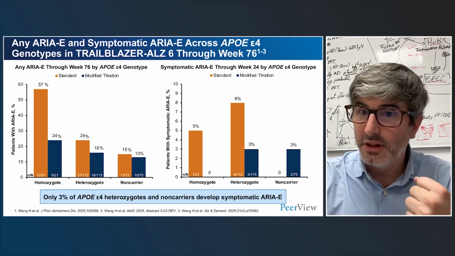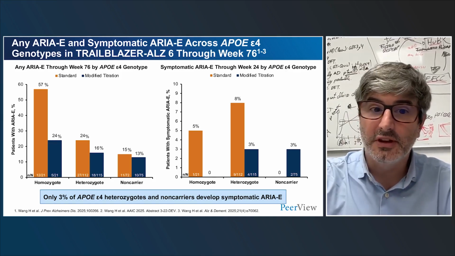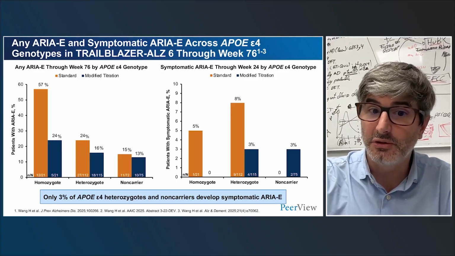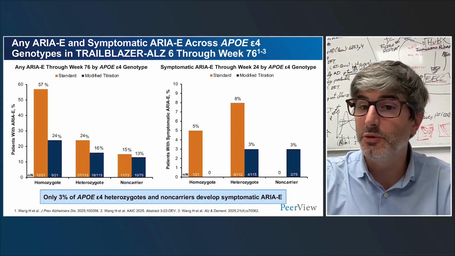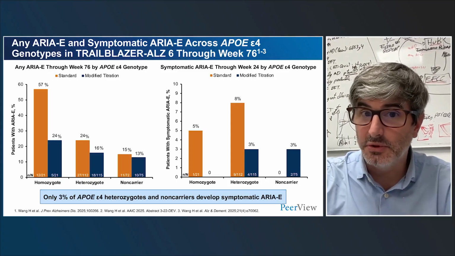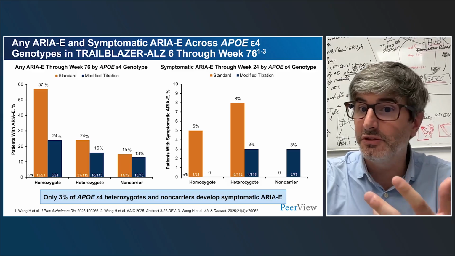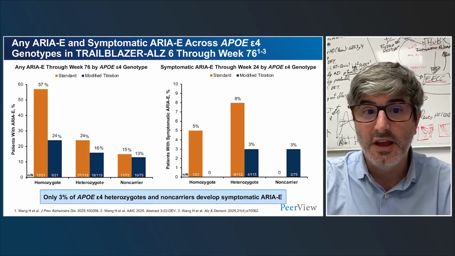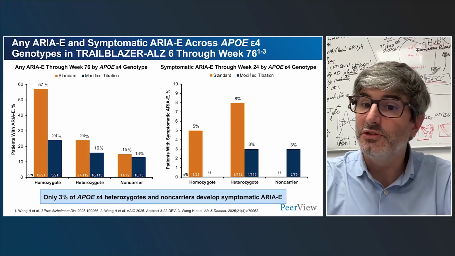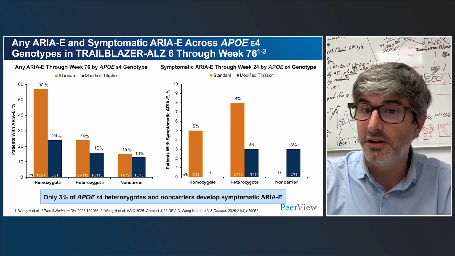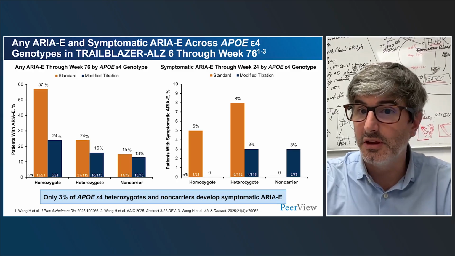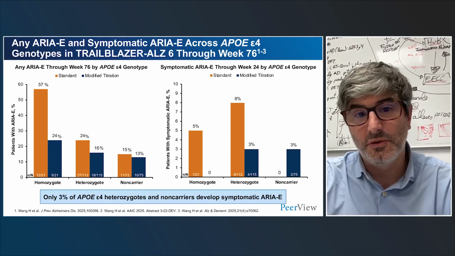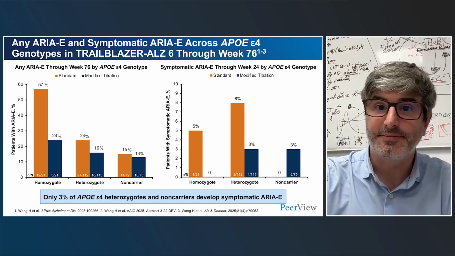The good news, and we would like to emphasize more the positives, is that only 3% of APOE4 heterozygotes and non-carriers will develop symptomatic ARIA. And this is manageable. And I think that, Frank, you mentioned TRAILBLAZER-6, the modified titration. And you can see, for instance, in the left part of the slide, how it reduces the risk for ARIA with this slower increase in the dosing of donanemab.